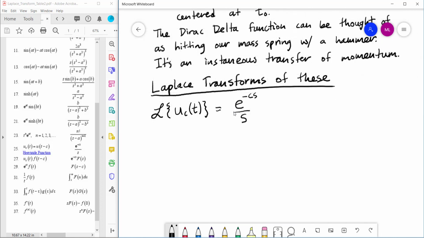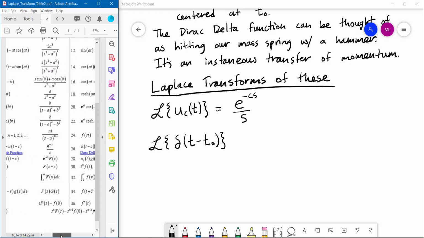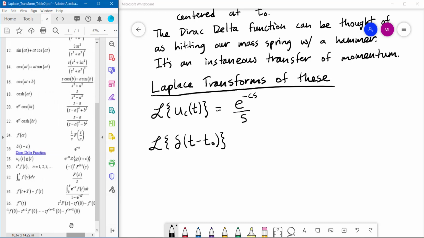And similarly, if we take the Laplace transform of the Dirac delta function, so I'll write it as delta of t minus t naught to preserve the notation that our book uses. The Dirac delta function's over on the other column, right here. They use c instead of t naught in this table, but that's totally fine.